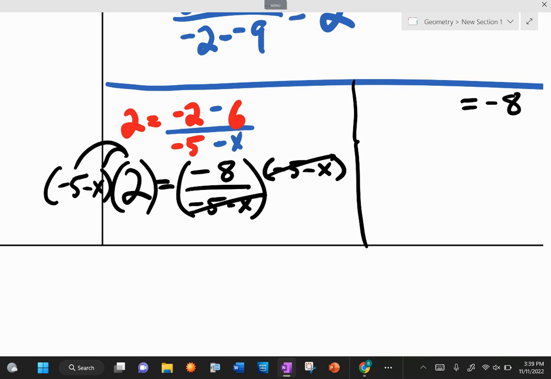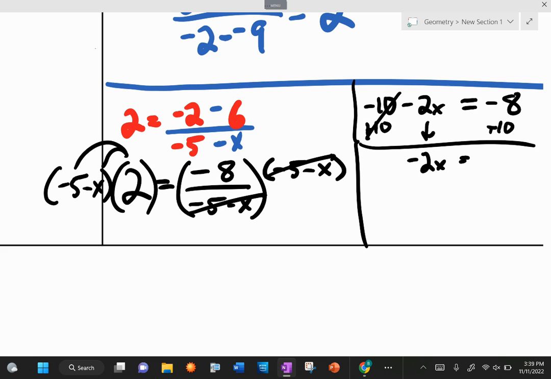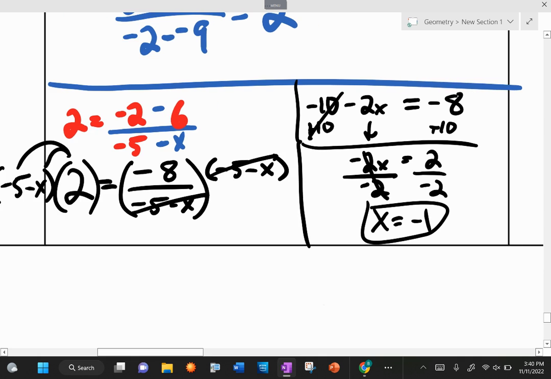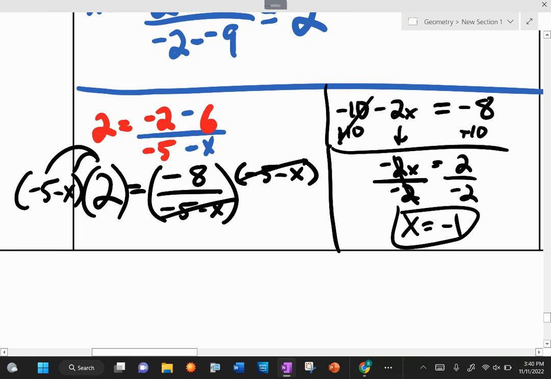So you'd have 2 times the negative 5, the negative 10, and 2 times the negative x, which is negative 2x. Now it's just a 2-step algebraic equation. We'll add 10 to both sides and divide both sides by negative 2. Now, that gives you what x equals. X equals negative 1.